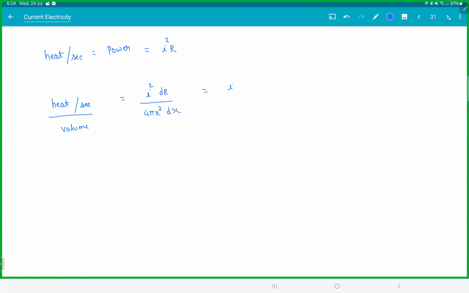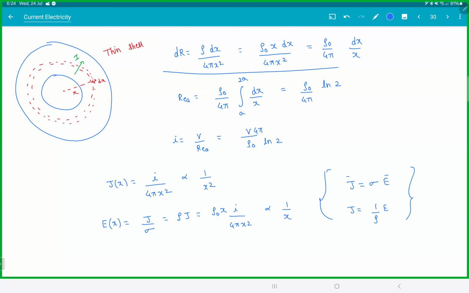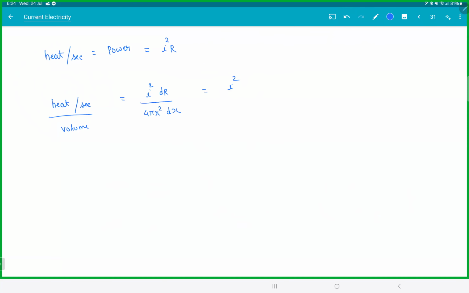I is anyway constant, so that is fine. What is dR? We got it from here: dR is rho naught by 4 pi dx by x, divided by 4 pi x square dx. The dx will cancel off. You end up with I square rho naught by 16 pi square x cube. So this is proportional to 1 by x cube.